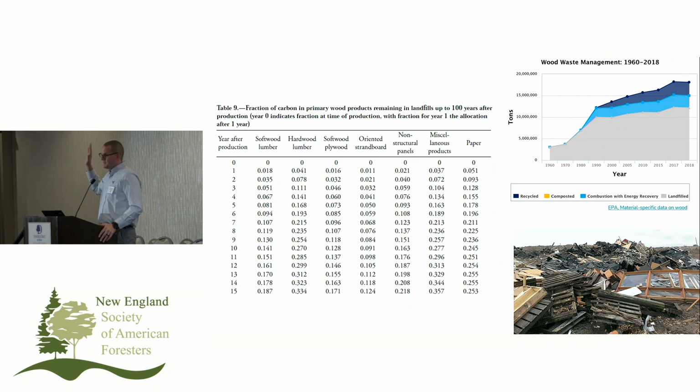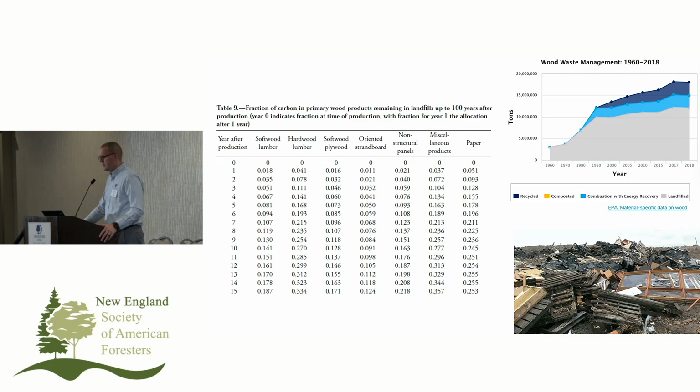And then we can calculate how much is in use. We know that it transitions to landfill. Here's where that's going, in the first 15 years, understanding how much goes to a landfill. The EPA puts out some information every few years on just how much wood is in landfills, and they estimate it's something like 11 or 12 million metric tons of wood that's in landfills.